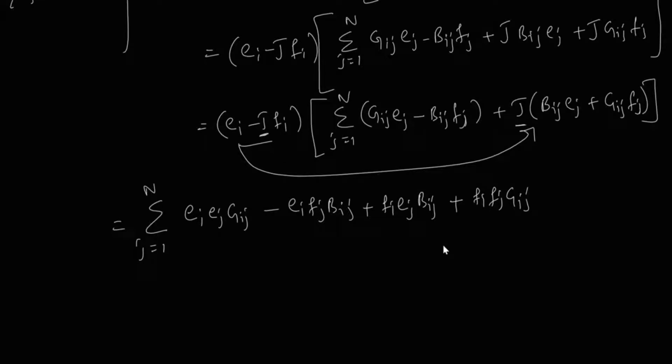So this is Ei, there is a j term here, plus j, let me write down for each term itself.